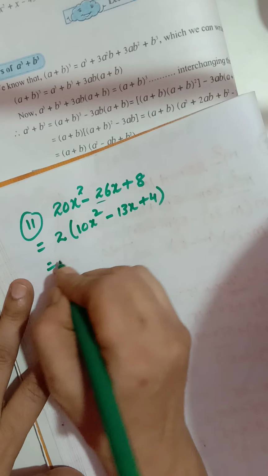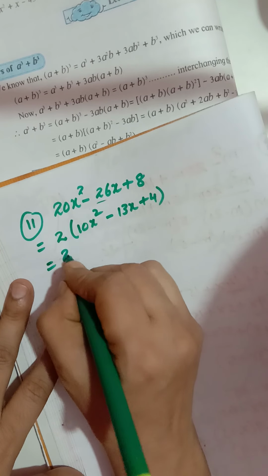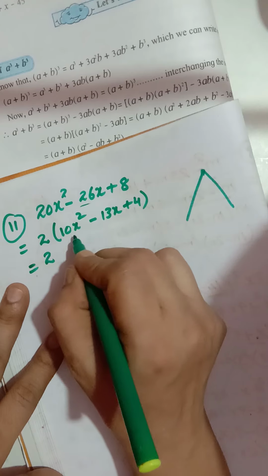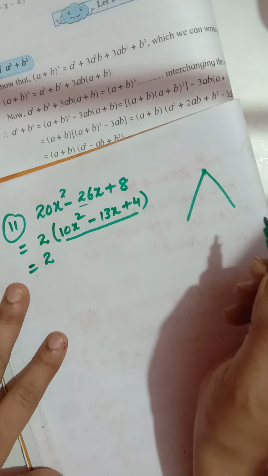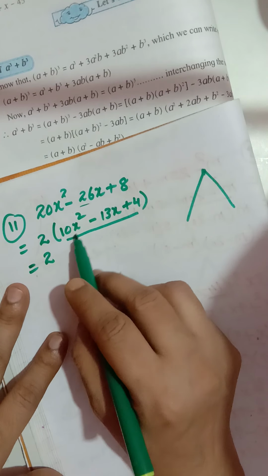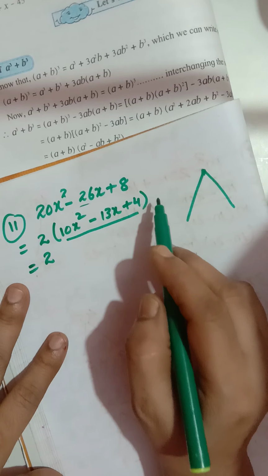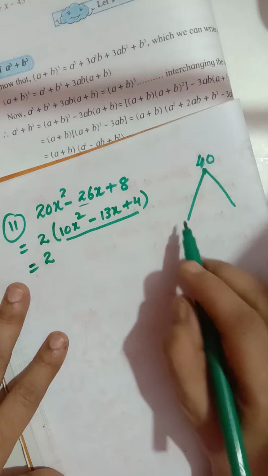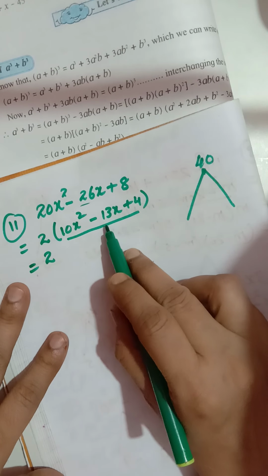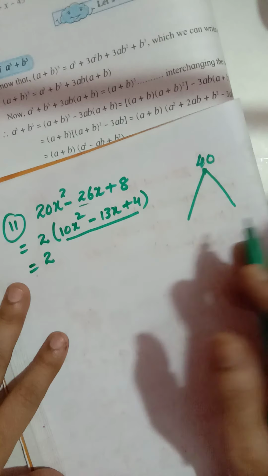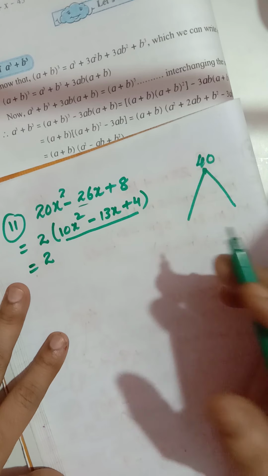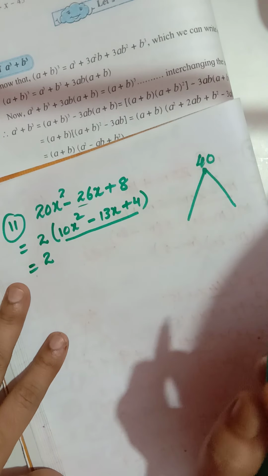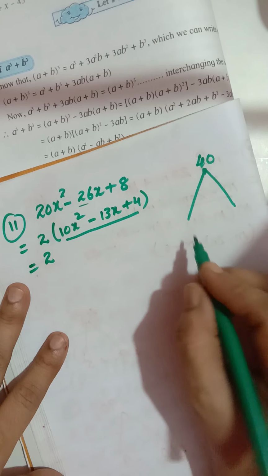So this is equal to, now here 2 you are keeping as it is, you are not doing anything. Now what is your product? Just concentrate on the trinomial which is inside the bracket. So 10 4s are 40. Now we have to find the two factors such that if you add we should get 13, add or subtract, it depends on what your middle term is.